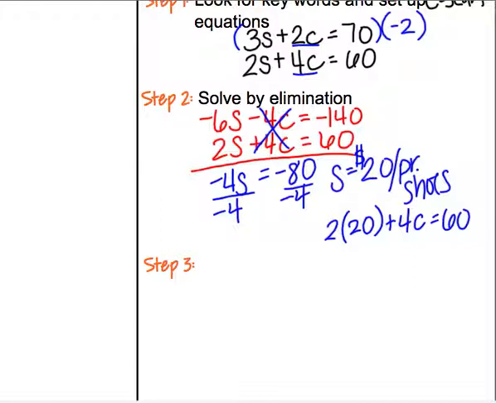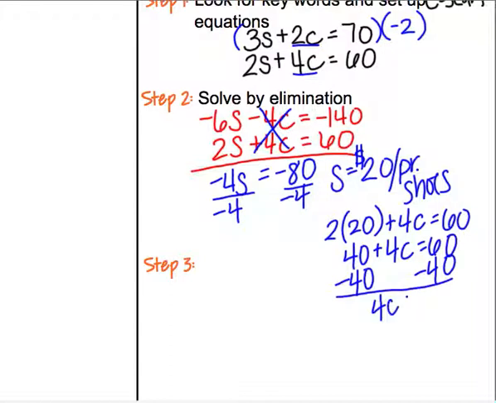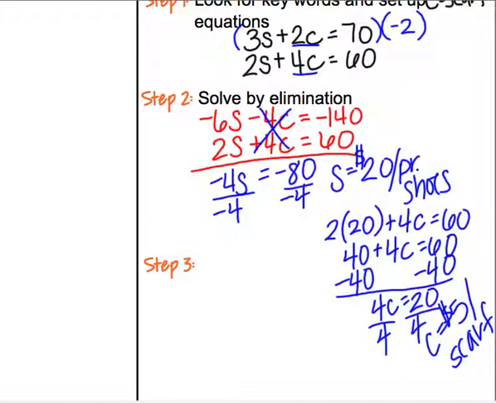So then we have 2 times 20 is 40, plus 4c equals 60, minus 40 from both sides, giving me 4c equals 20, divide by 4. We get c is equal to $5 per scarf. And we can go ahead and then finally do that final step, which is to check. I'll let you go ahead and make that check.